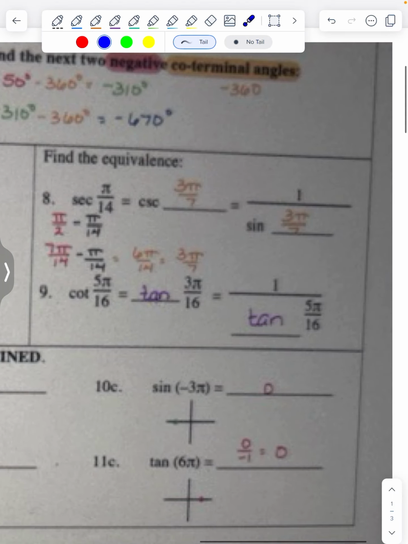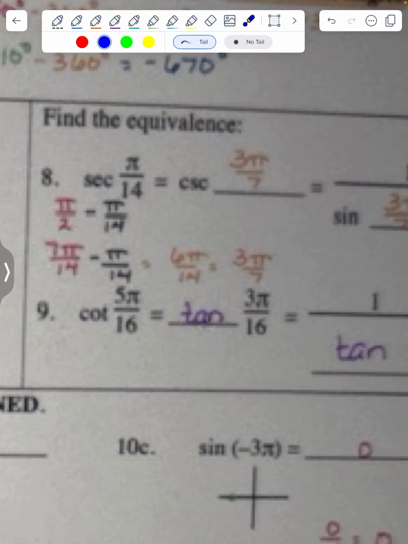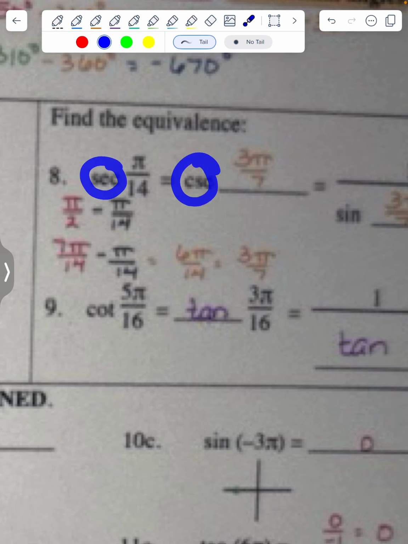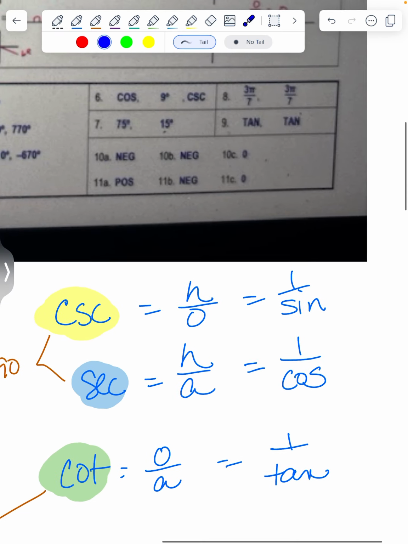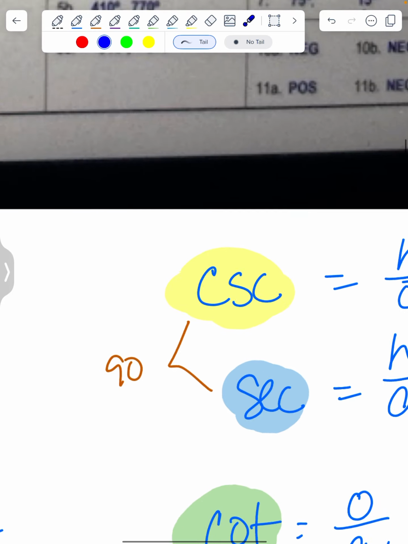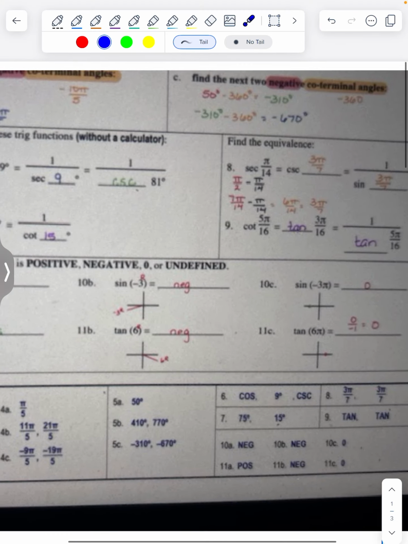Okay, if we go to this one, we're in the same thing, but remember 90 is what pi over 2 is. So they're giving you secant and cosecant, you see them, they're the 90s buddies, they're BFFs, they make 90, but 90 is now pi over 2.